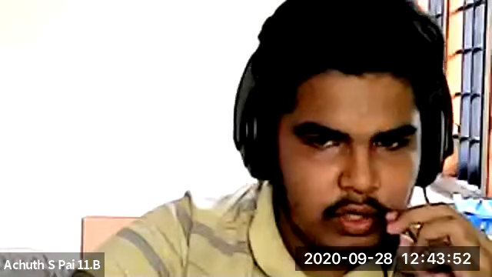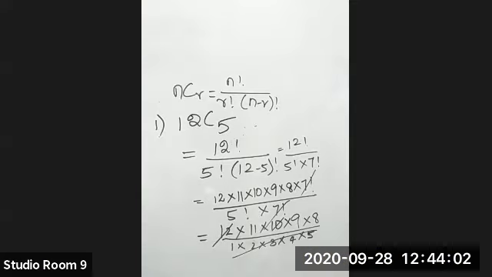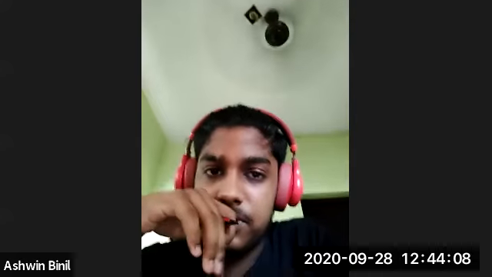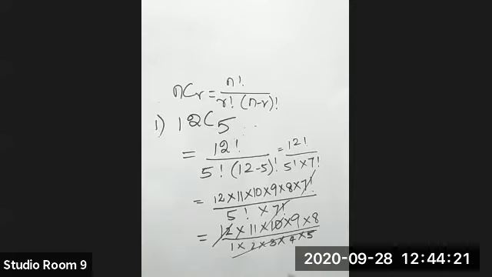Yes, you can cancel 12 and 10 with this. Then simplify and find the answer. 99, correct. Check it. One small mistake is there: the 8 is missing.